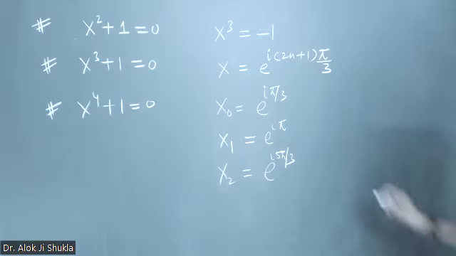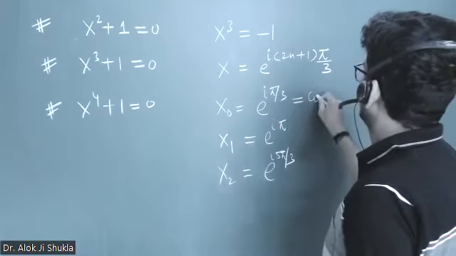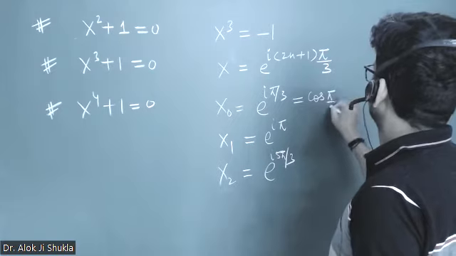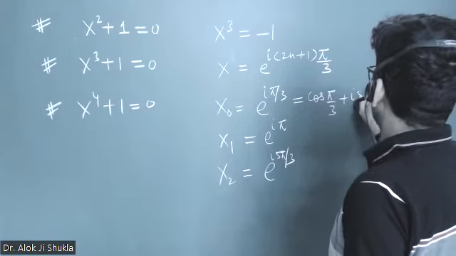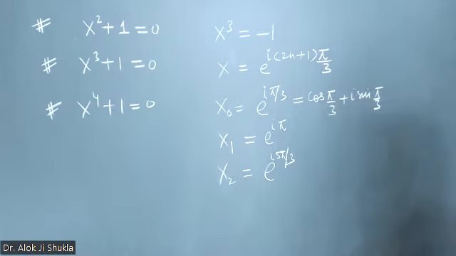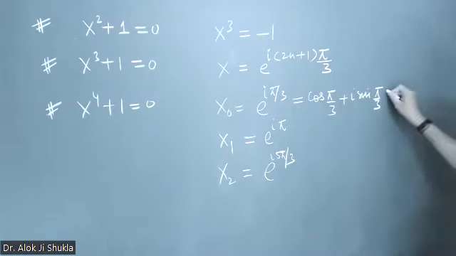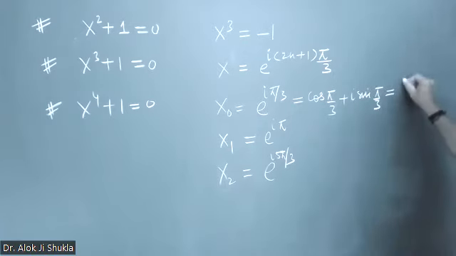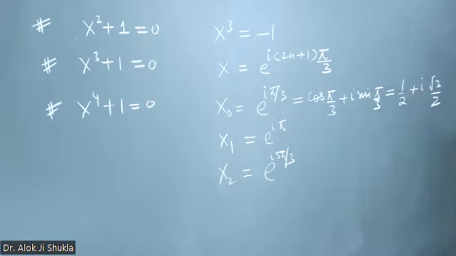This value is cos pi by 3 plus iota sine pi by 3, which is half plus iota root 3 by 2. Correct?